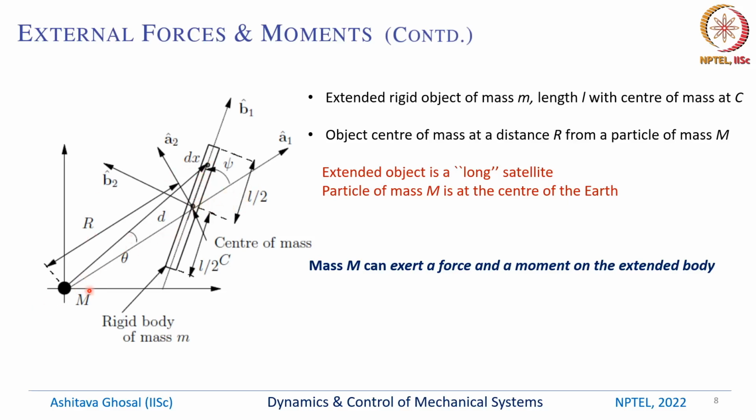One force will of course be there, but this extended object can also rotate, meaning that there will be a torque which will act on this extended body. So I'm going to derive an expression for the mass m and this extended body, and how it results in both an attractive force as well as a torque.